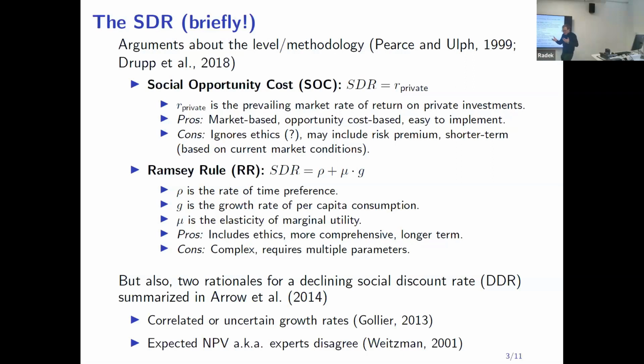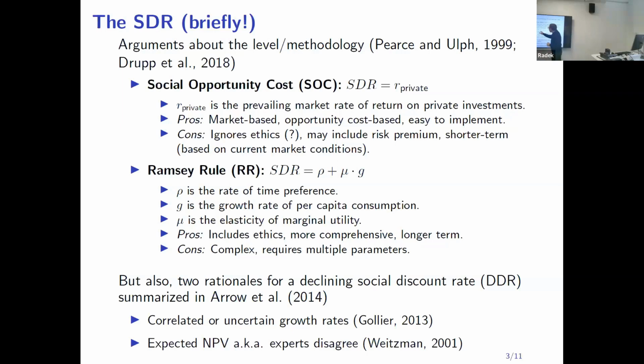Basically, the choice of do I consume today or do I consume tomorrow? And based on that model, you get an equation that pops out that looks like this: the interest rate, or the social discount rate, is equal to rho plus mu times g. Maths, it's Greek, sorry about that, that's the way it's written.